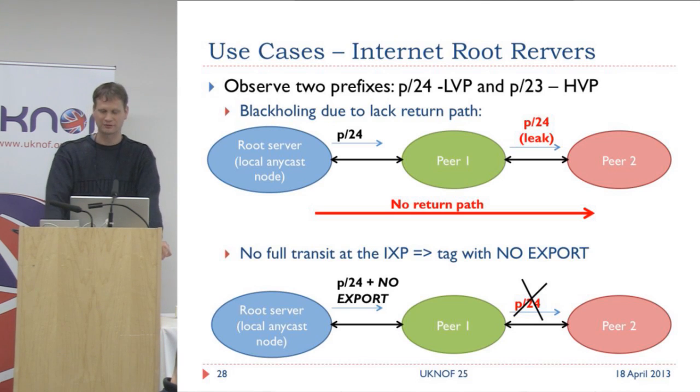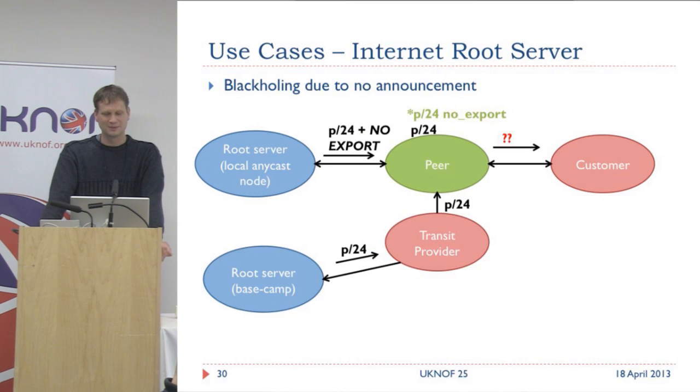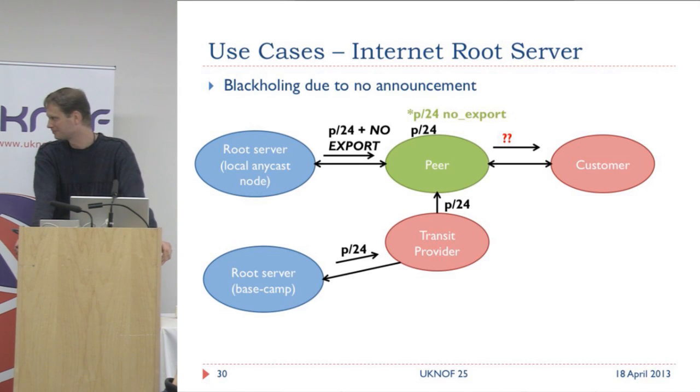So the problem is solved, right? Well, not quite, because if you put a no-export on your route, it doesn't even go to your customer. So it was not supposed to leak to the peer, but it also didn't go to the customer.